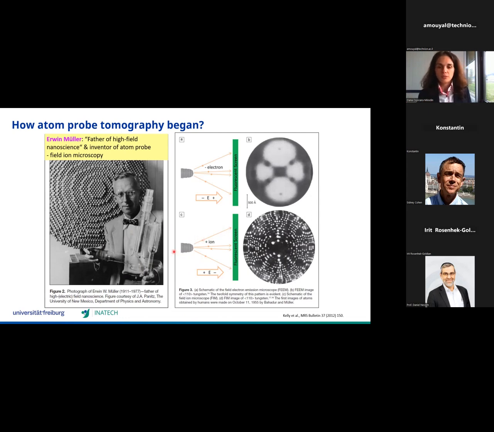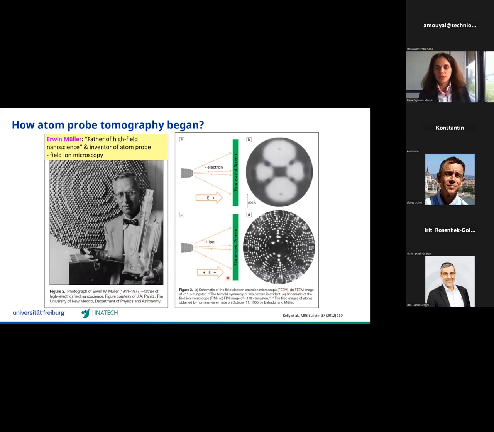And what happens, of course, we have an antenna effect, we have a needle shape, so that means an electric field is built up on the apex of the tip, and then the ions from the image gas are going to be perturbed on the surface of the tip. They are going to be ionized and then field evaporated, or accelerated, towards the fluorescence grid.